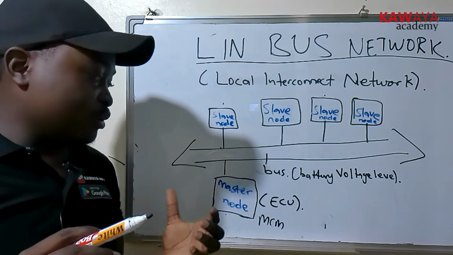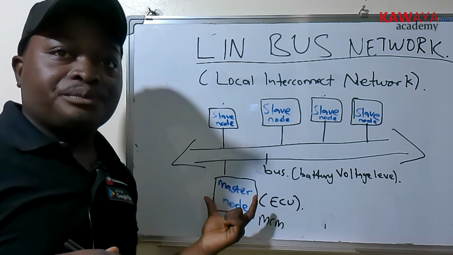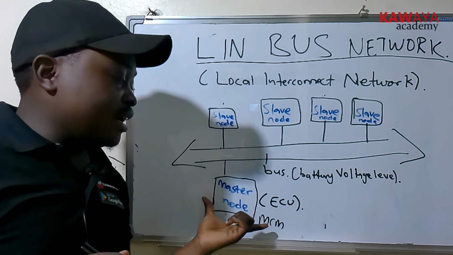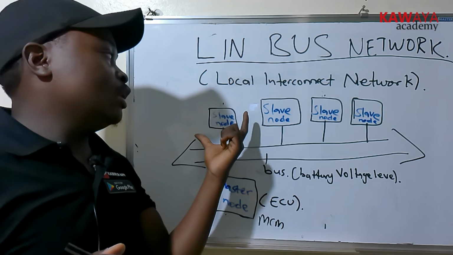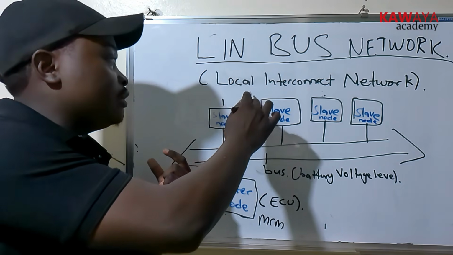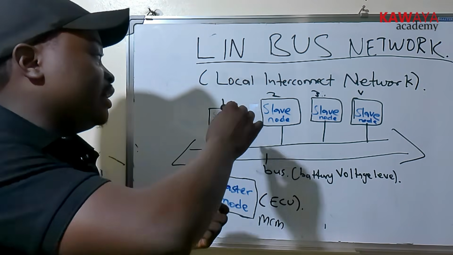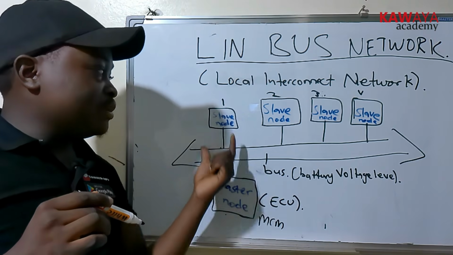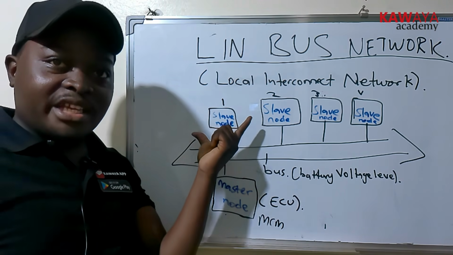When you press a button to open the rear mirrors, the master node will send a message. Let's say you want to open mirror 1, which is slave node 1. This message will be sent, and the slave node will react to the message.